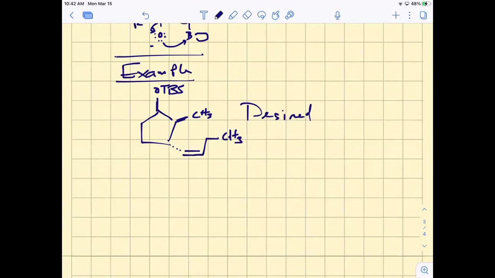And then I can think about this in a couple of ways. I can think about addition from a retrosynthetic standpoint. I can think about this in terms of addition to this alkyne.